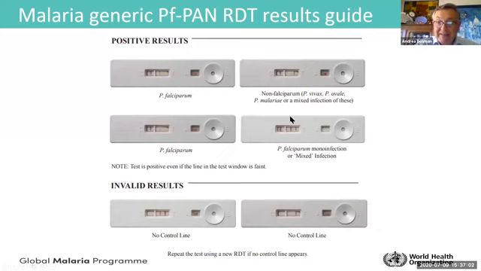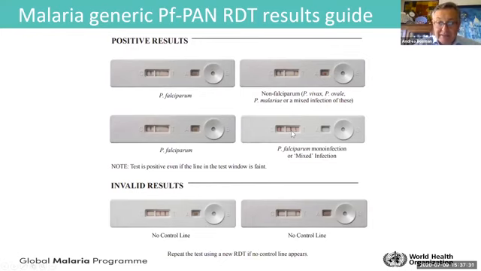Now, if I have a result like this, and I would like to know if it is really Vivax or a P. falciparum and P. vivax infection, then maybe it's good to have a microscopic examination. But this is only if you have Primaquine to give. If you don't have any Primaquine, what is the point of knowing that this is a mixed infection?